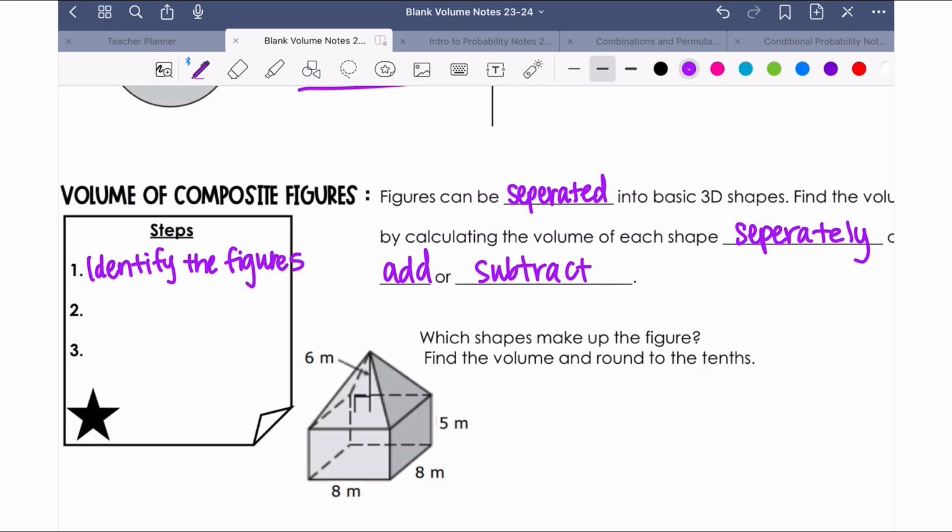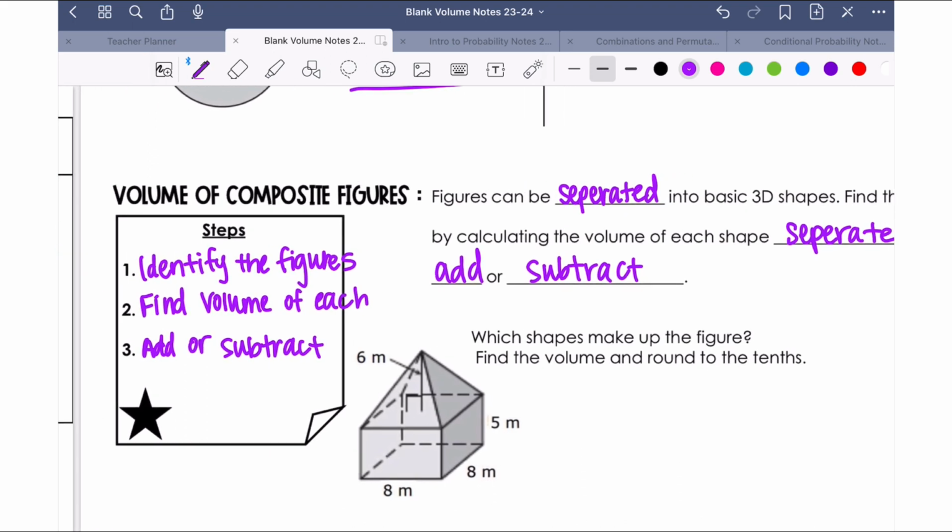Okay, second step, find the volume of each. Each one. And then you're either going to add or subtract. Okay? Add or subtract.